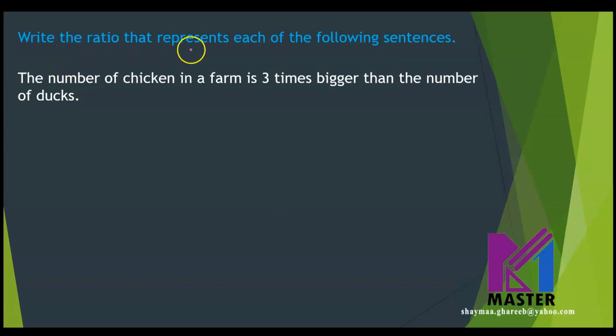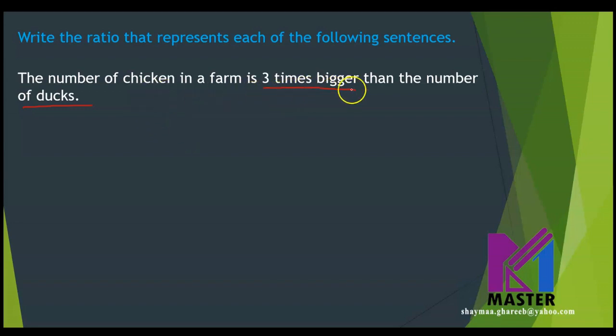Write the ratio that represents each of the following sentences. The number of chicken in a farm is 3 times bigger than the number of ducks. So I want to write the ratio of the chicken to the ducks.